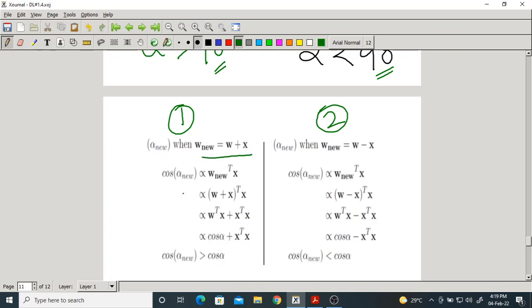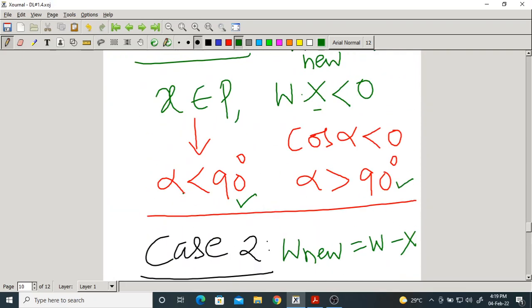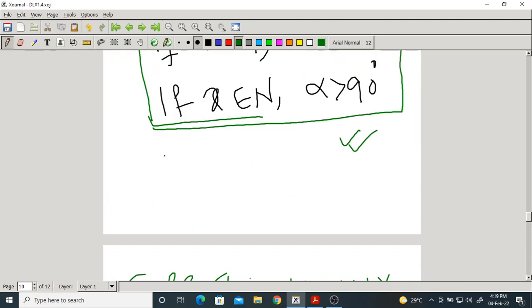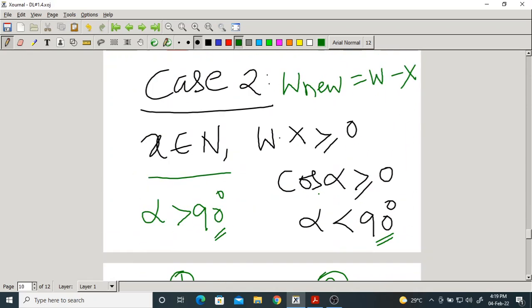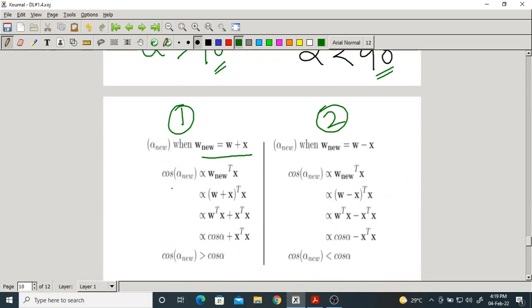Now as I told you already, let me write here, generally cos alpha is proportional to, please make note of this, W transpose into X. Obviously, cos alpha new is proportional to W new transpose into X. Very clear? Now what is the W new transpose?